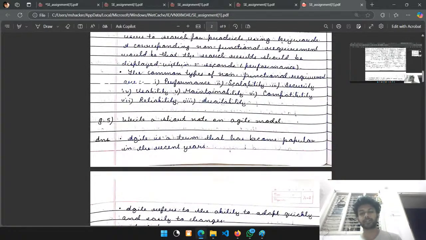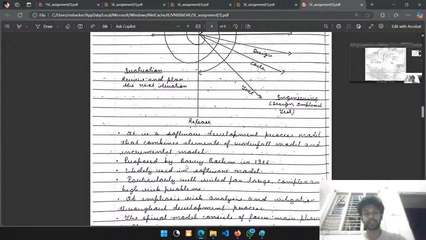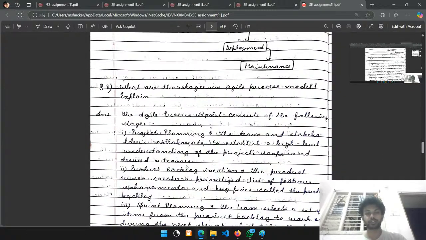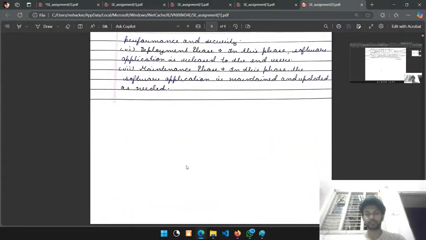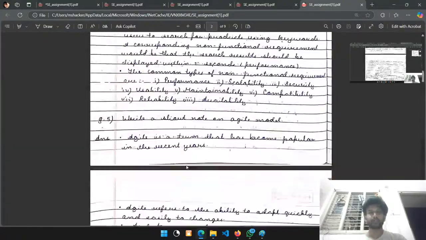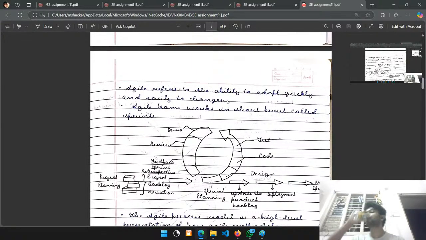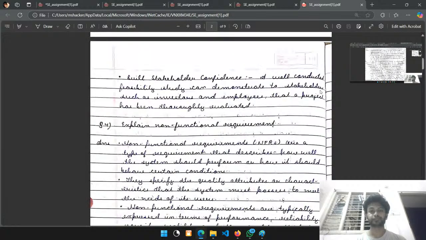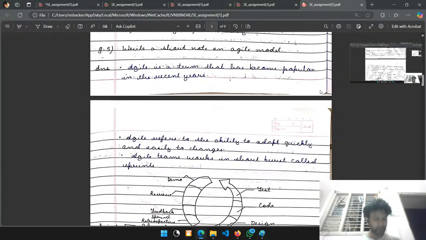Okay, I messed it up for myself. So from here, I guess we'll just have models after models. Yeah. So let's go. Right there. So let's start with the agile model and stuff.